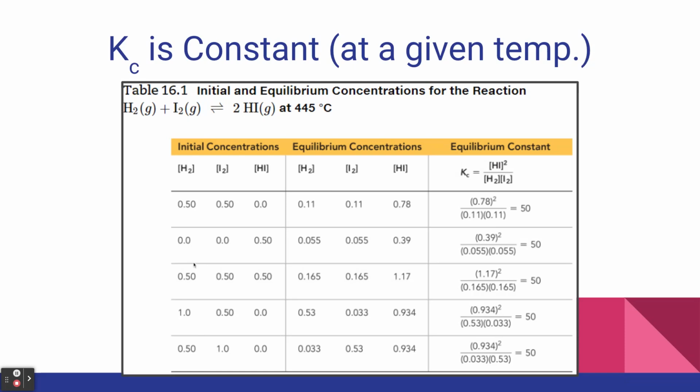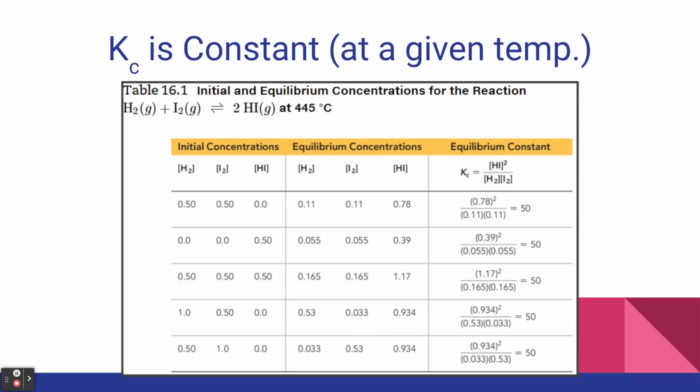And those initial concentrations had a direct impact on my final concentrations, right? So if you take a look here, all the equilibrium concentrations are different from each trial. And again, that's because equilibrium concentrations are dependent upon the initial concentrations.